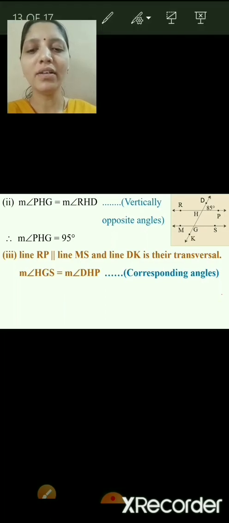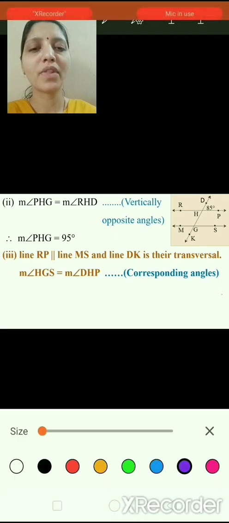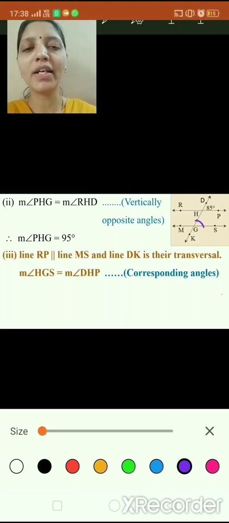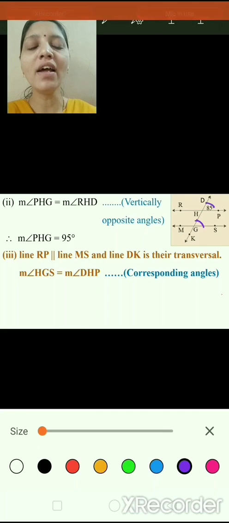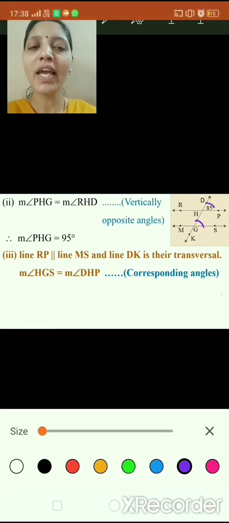Now let's see the third question. Here you have to find major angle HGS. Now can you find any other relationship here? If you observe here, angle DHP and angle HGS are a pair of corresponding angles.